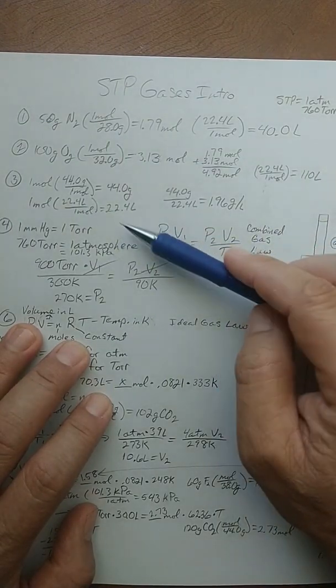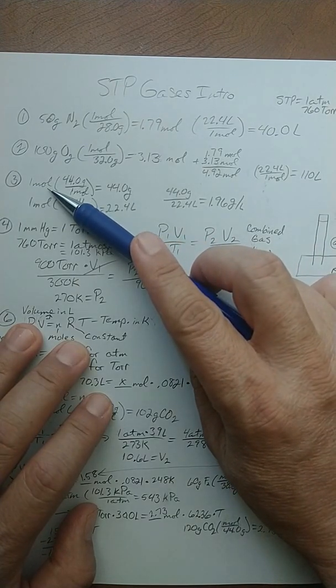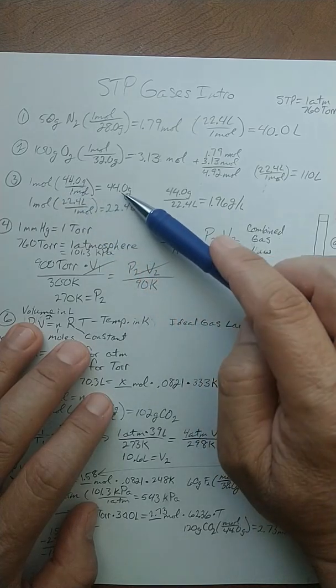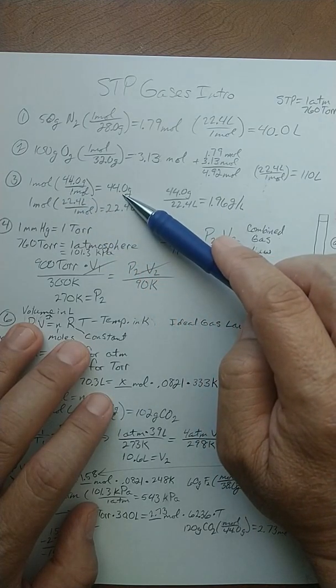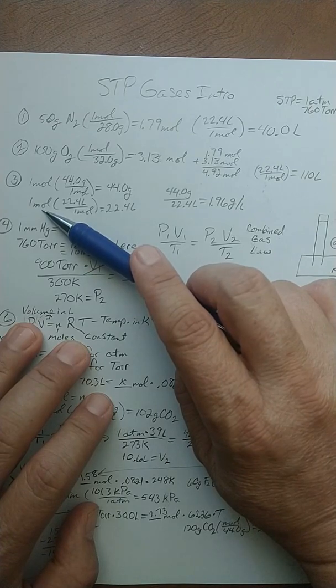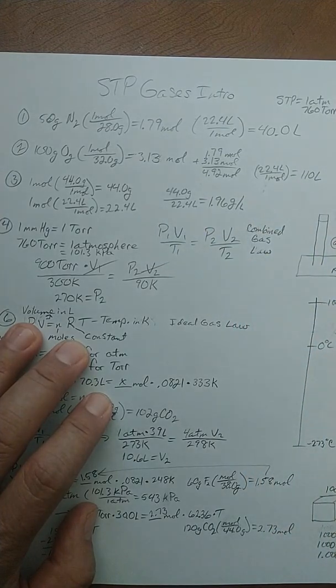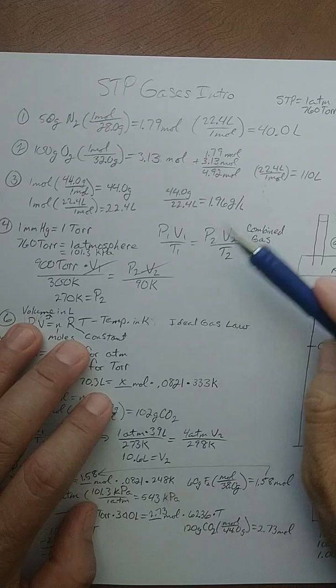On number 3, if I had this many moles of CO2, I can convert to grams, and 1 mole would also be this many liters. Okay, because what were we asked for? The density, grams per liter.